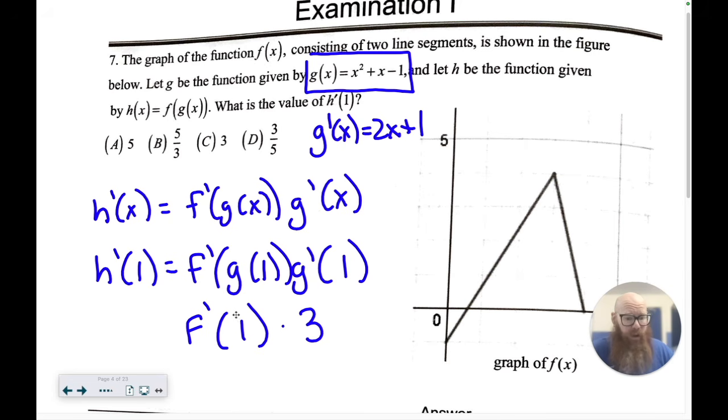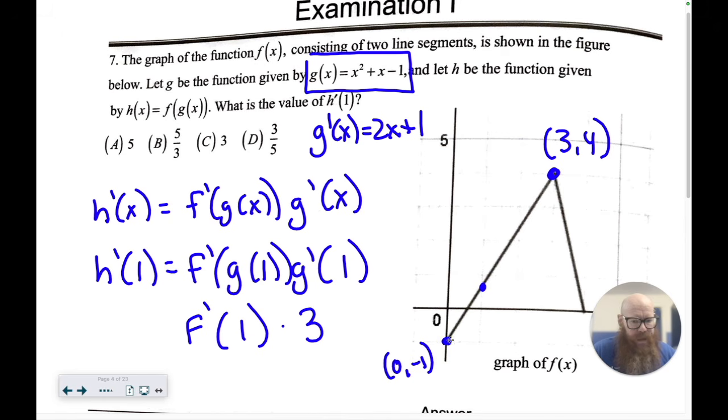Now I need f prime of 1. Well, I go to the graph. 1 is here. If I want the derivative of that, I need the slope of this line. It might be hard for you to see, but this point is 3, comma 4, and this point down here is 0, comma negative 1. So the slope of that line is f prime of 1, which is rise over run.